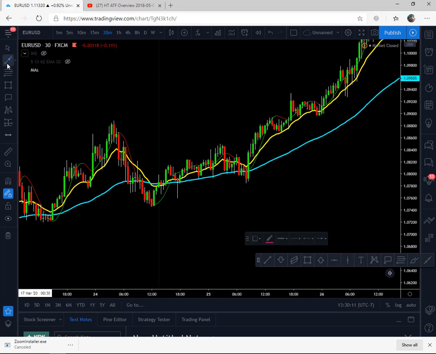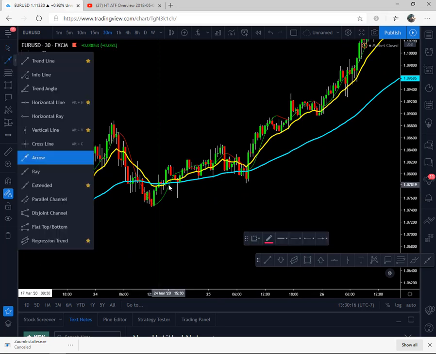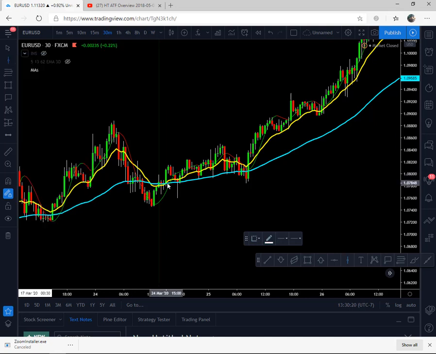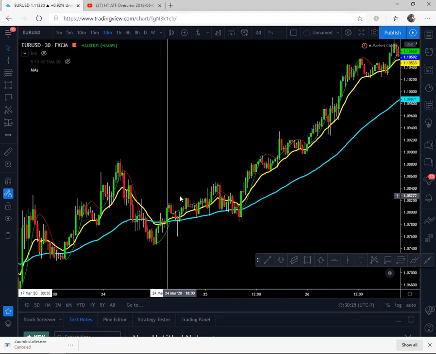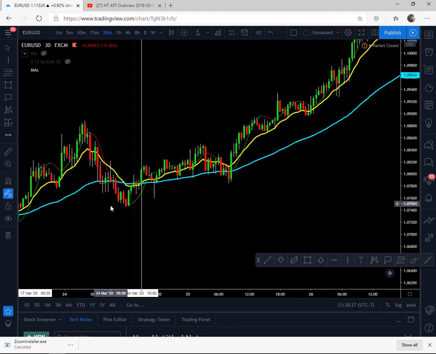So I see a 13 62 cross happening here. Because price is above the 62, we should be looking at potential buying positions.